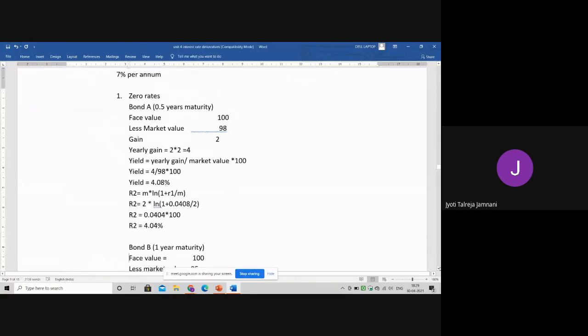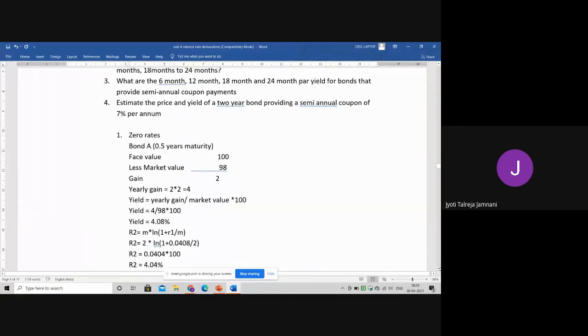Now, first I would like to ask you people, you want me to do the fourth one also, because it is a little different and new here. We have to find the bond price and we have to find the bond yield. So it is a little technical, you'll have to concentrate. You want me to do it now or leave it and do it next class? Ma'am, next class.